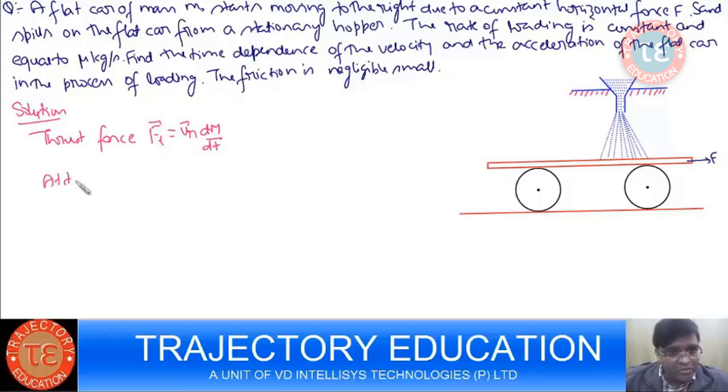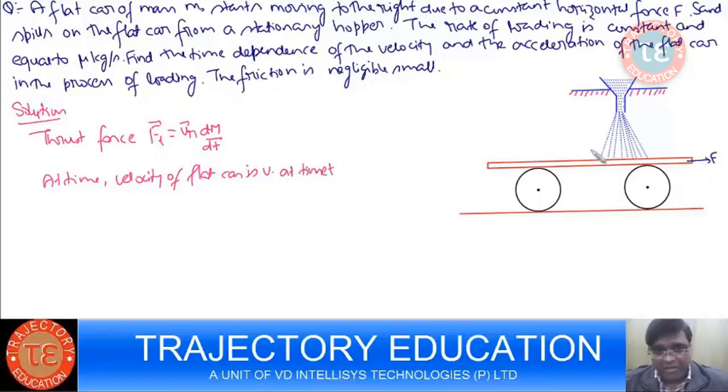Suppose at time t, the velocity of the flat car is v. This is the stationary hopper, and the flat car is moving with velocity v. Velocity is v at time t.